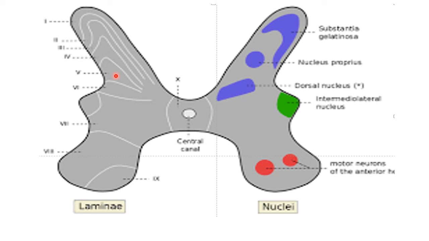Fifth and sixth are the dorsal nucleus or Clark's layer. Seventh is the intermediolateral nucleus. 8 and 9 are the motor neurons of the anterior horn. In the 10th there are no neurons but neuroglial cells to feed the neural canal and spinal cord gray matter.